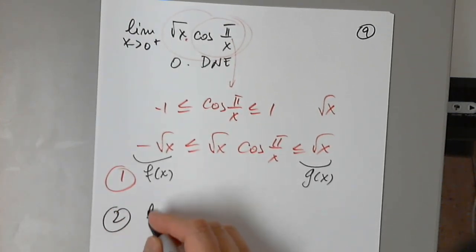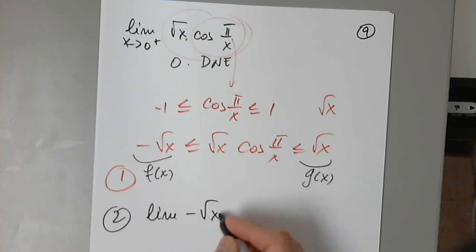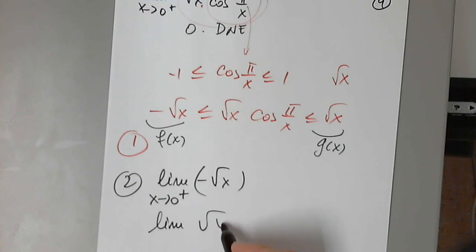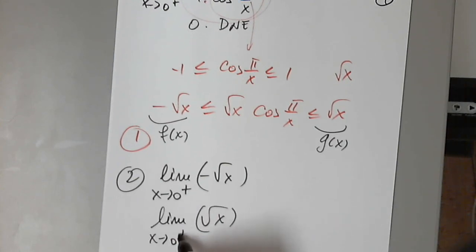In step 2, I have to find the limit of negative the square root of x when x approaches 0 from the right, and the limit of the square root of x when x approaches 0 from the right. If these 2 exist and are equal, then all hypotheses of the squeeze theorem are fulfilled, and I can make the conclusion.